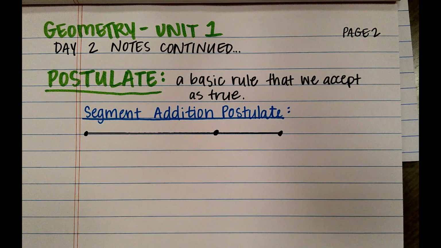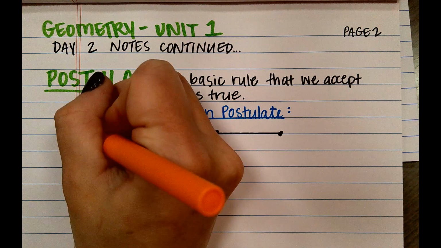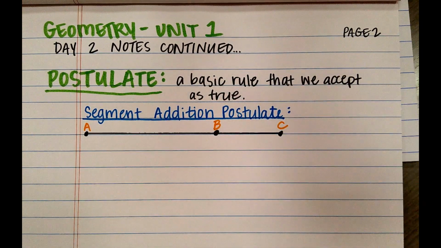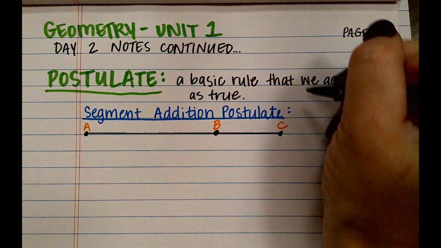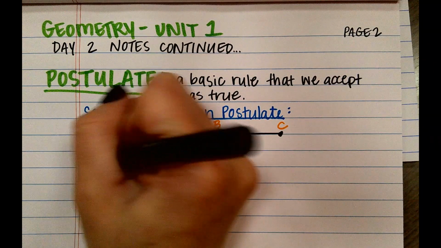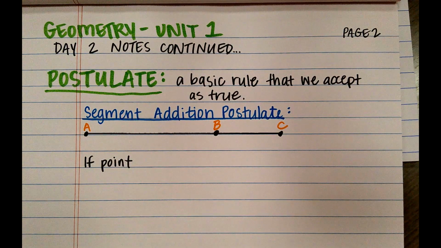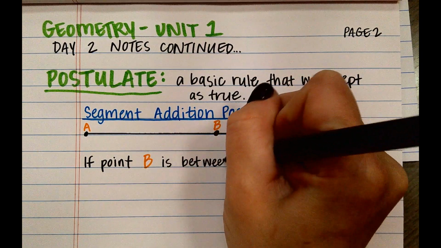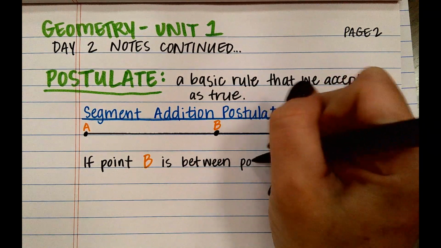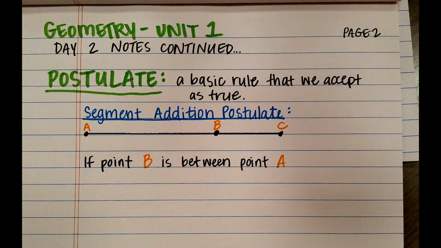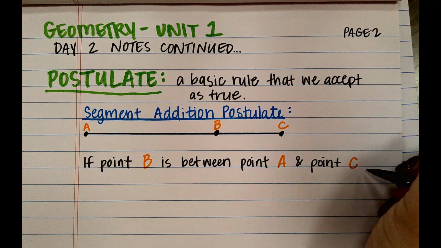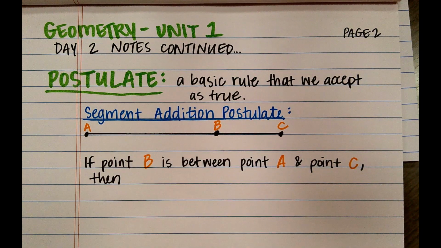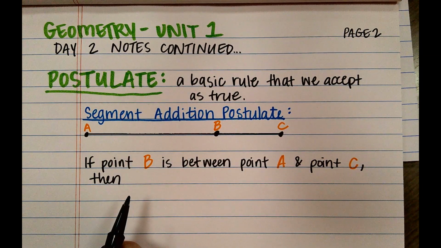I'm going to use orange. A, B, C. So, the definition of this segment addition postulate says if point B is between point A and point C, then, and I'm going to show you a new way of notation, a new way to write something.